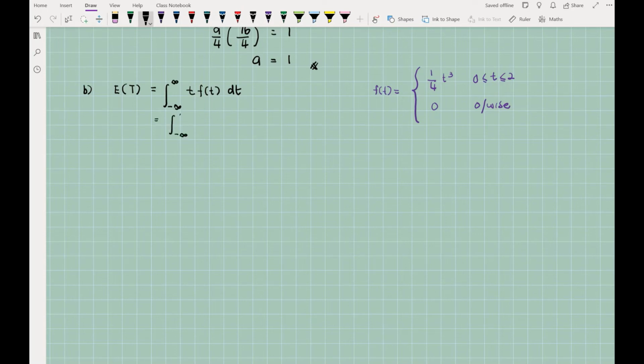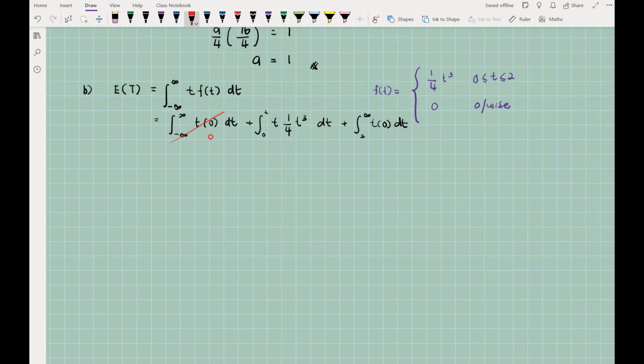So integral from negative infinity to infinity of t multiplied by f of t untuk kawasan ini adalah 0 dt. So ditambahkan dengan integral from 0 to 2 of t multiplied by 1 over 4 t cube dt. Ditambahkan dengan integral from 2 to infinity of t times 0 dt. So again, we know that the first part will become 0.